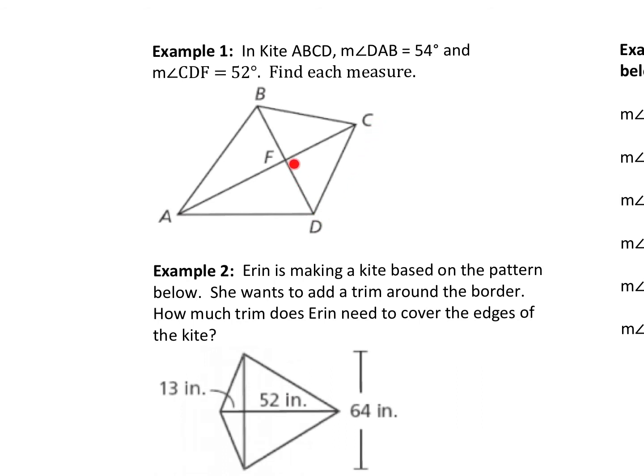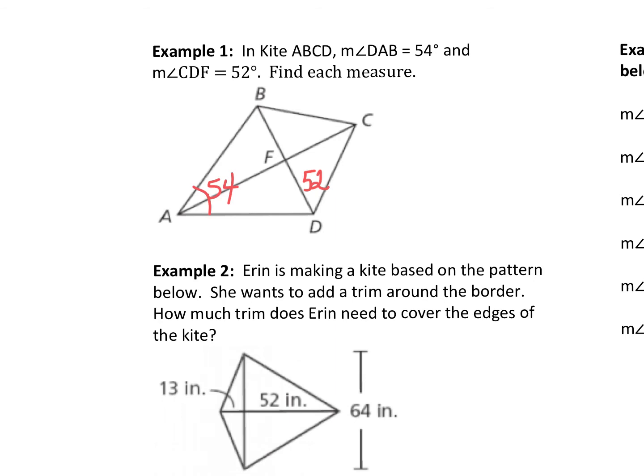Find each measure. Okay, so what we know is that CDF is 52, and I know that DAB is 54. All right, so we want to find the rest of the angles.